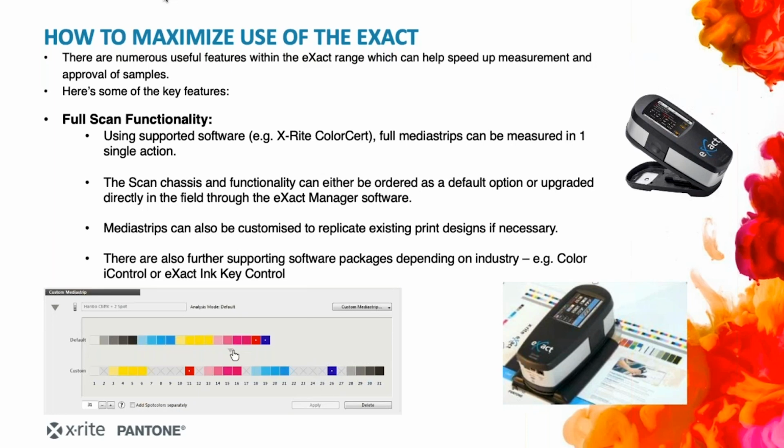We can do a customized bar where instead of measuring patches in sequence, we can skip patches, miss them out, in order to conform to an existing set of printed patches on a customer's substrate, retrofitting it essentially into a workflow.